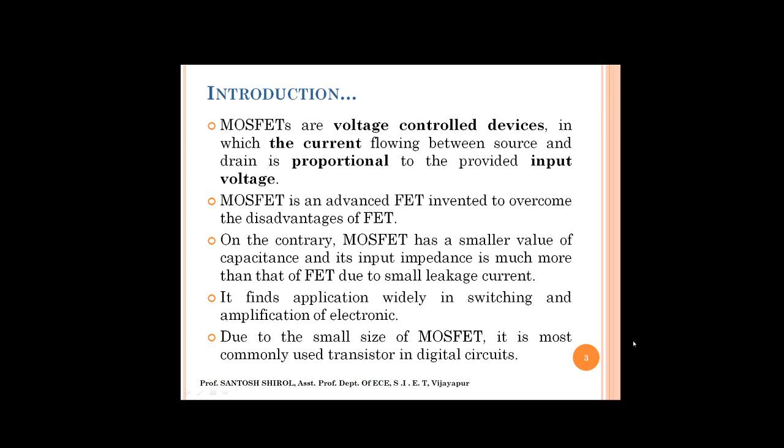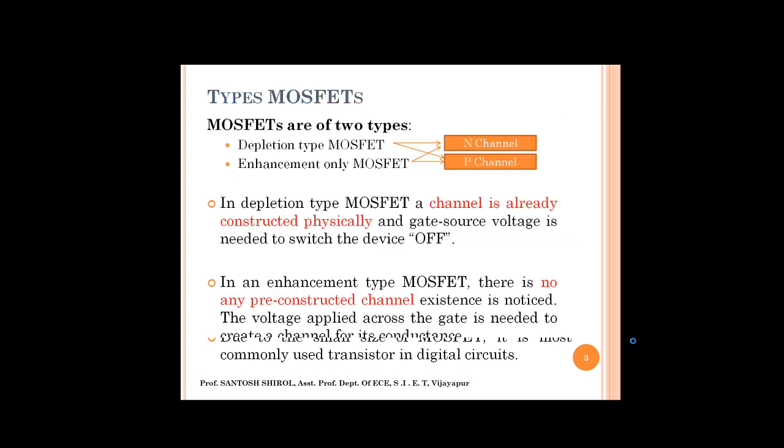Such a MOSFET finds wide application in switching actions as well as in amplification. Due to its small size, that is, the physical size of the MOSFET, it is very popular and very commonly used as a transistor in digital circuits.